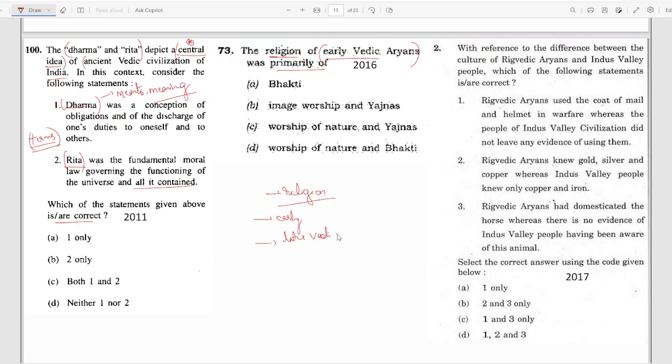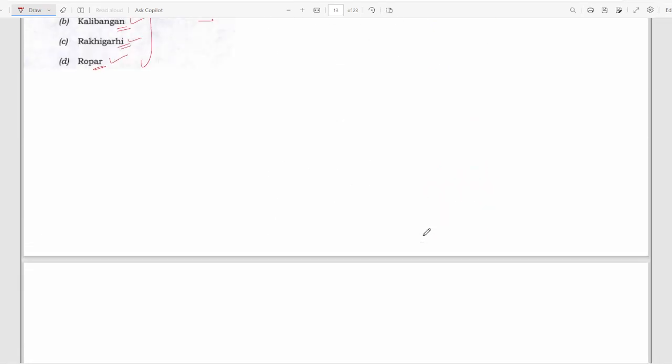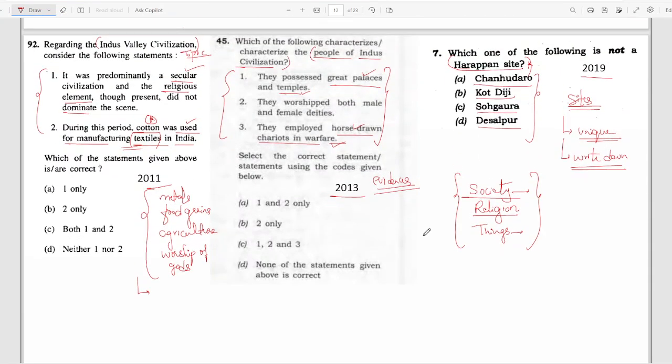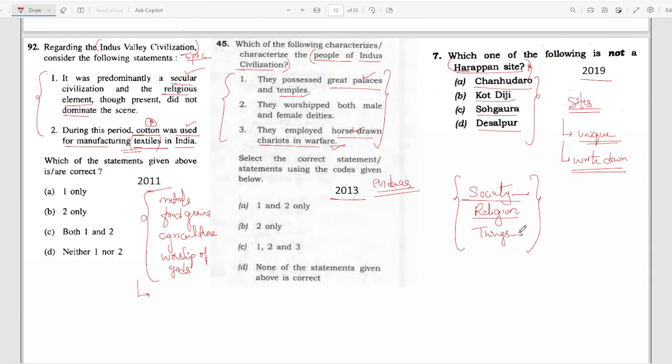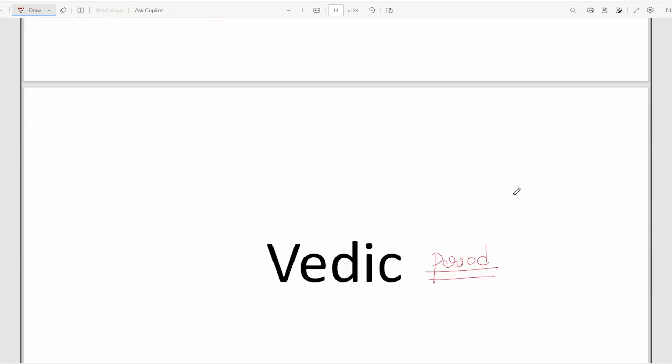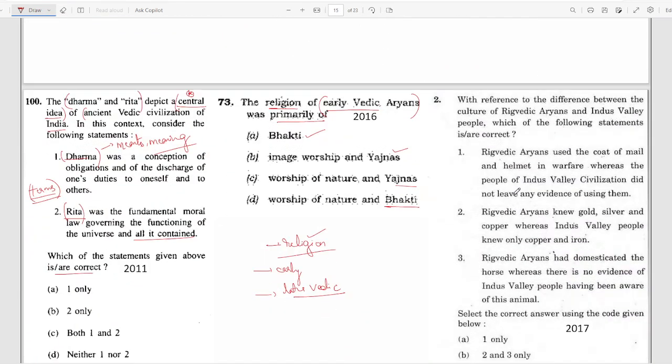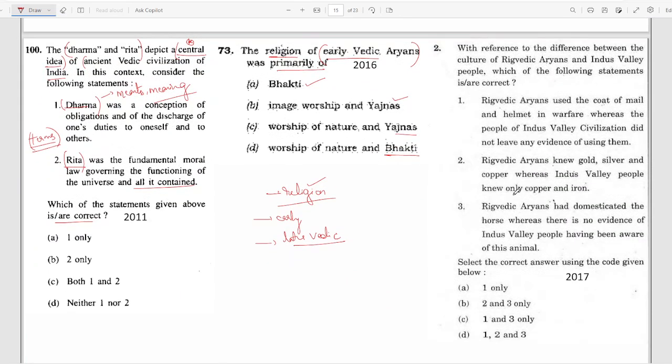Once the early Vedic period is asked, they can ask the later Vedic period. Whenever you are reading about any particular civilization, you have to read about the religion and their society and other things that we had discussed earlier. For example, we had discussed religion, what things they are using, what kind of society it is. So clearly the same concept was repeated in 2016.